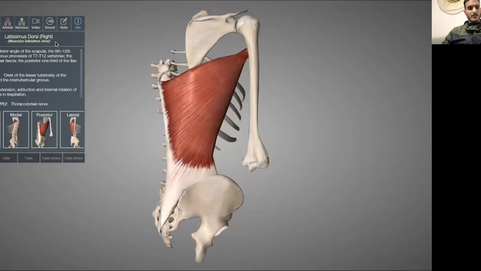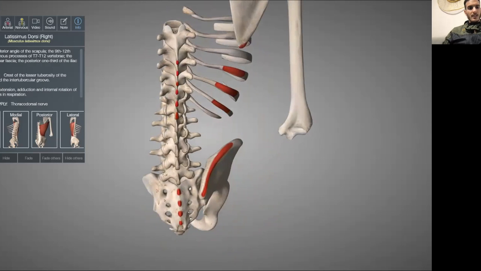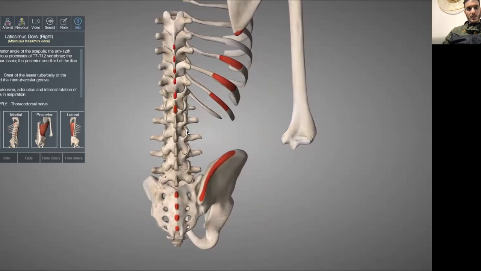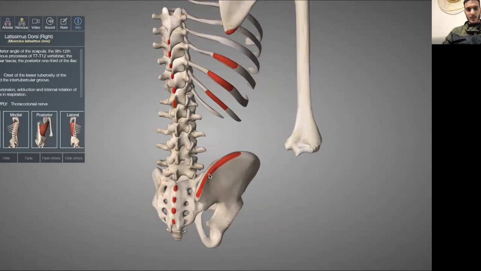It originates from the inferior angle of the scapula, right there, number 1, the 9th to 12th rib, the spinous processes of T7 to T12, right there, and the thoracolumbar fascia, and the posterior 1/3 of the iliac crest, right here.